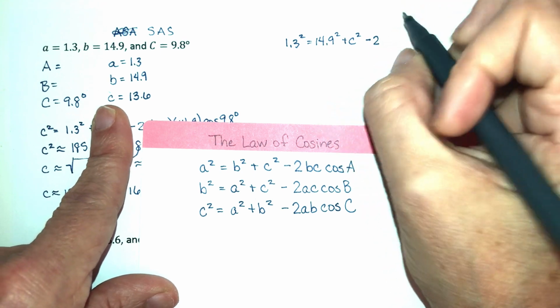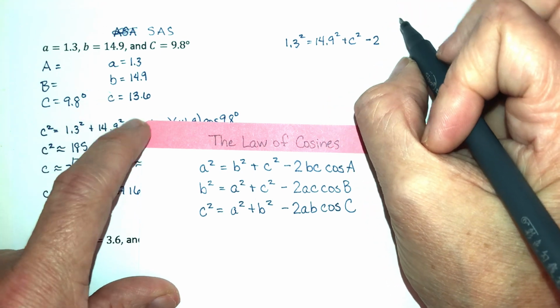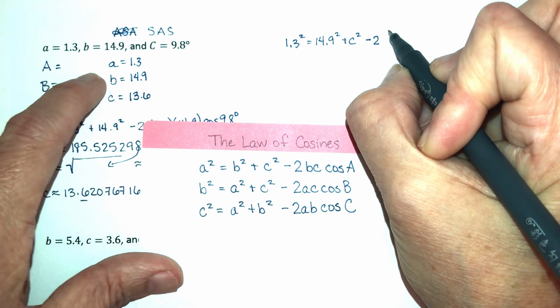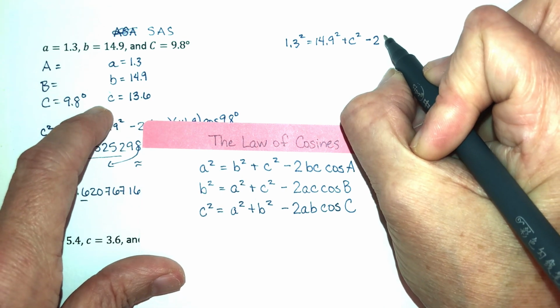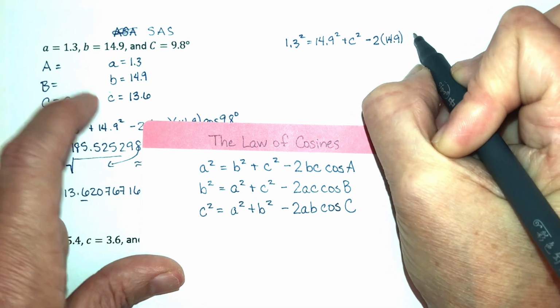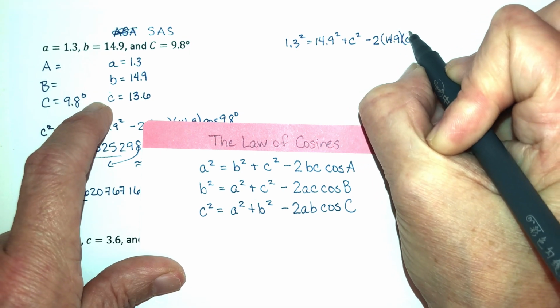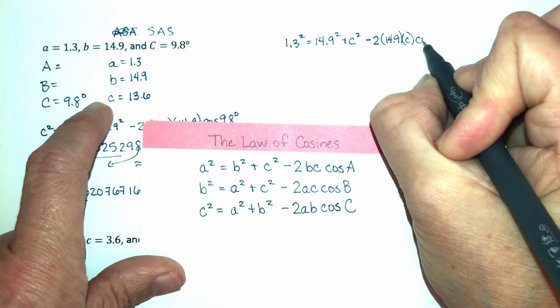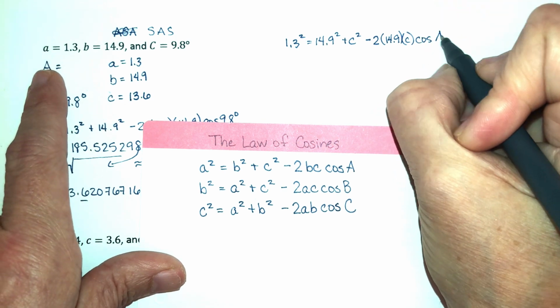Minus 2 times B times C. So 2 times 14.9 times C times cosine of angle A.